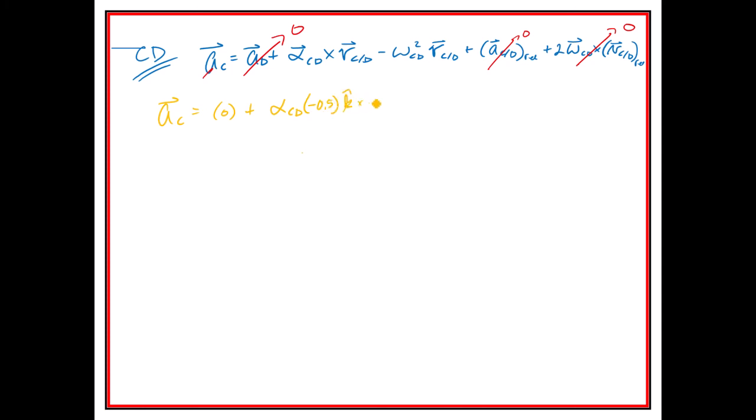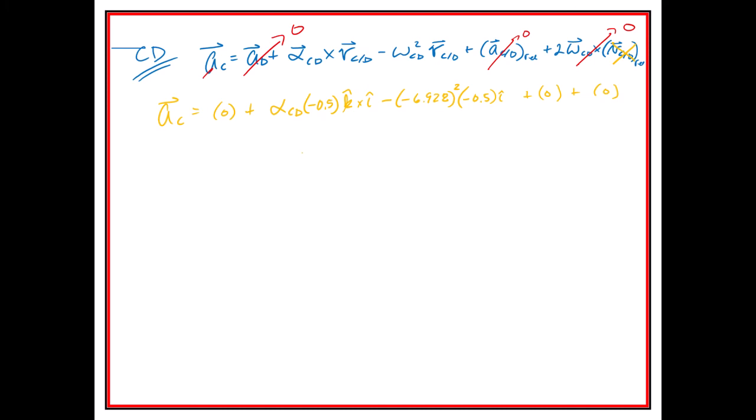That's the k crossed with the i, and then minus 6.928, something we found earlier, squared times the position vector 0.5 is negative j. Well, not j, it is i. Anything else? No, because that's 0 and that is 0 because this is 0.